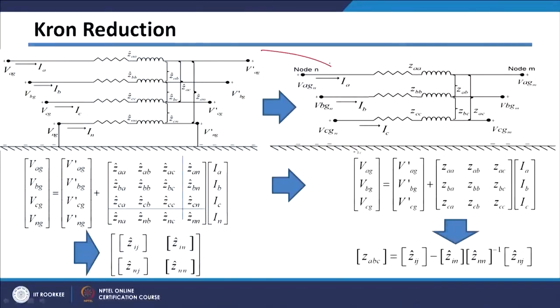This is called Kron reduction, where we are eliminating the ground as well as neutral conductors. Basically what we did, the system which is having 4 conductors, we have converted into only 3 phase conductors by eliminating your ground conductor here.